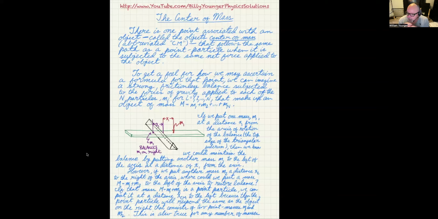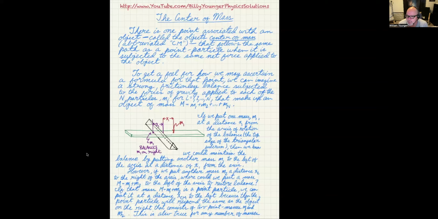And then we could take one of those other points in the body other than the center of mass and imagine a line connecting the center of mass to that, and watch what that other point does. So we have a center of mass that moves like a point particle, but then we'd have this other point that might rotate around this way or that way or all sorts of stuff. That's ultimately where we're going.